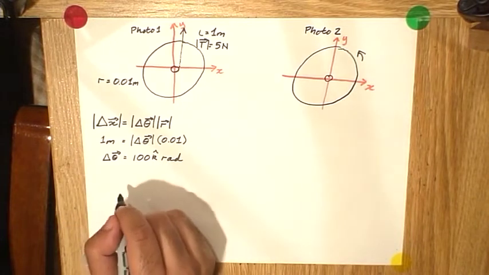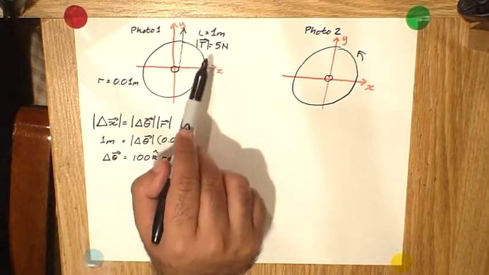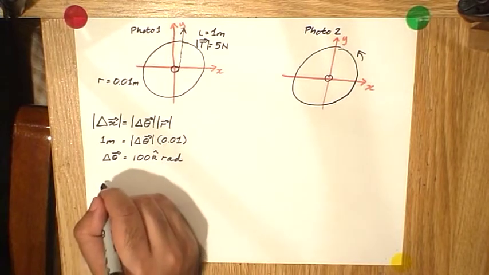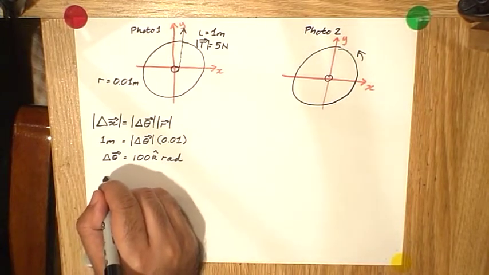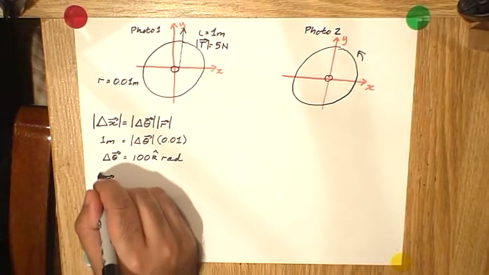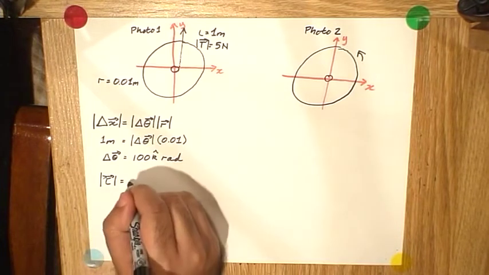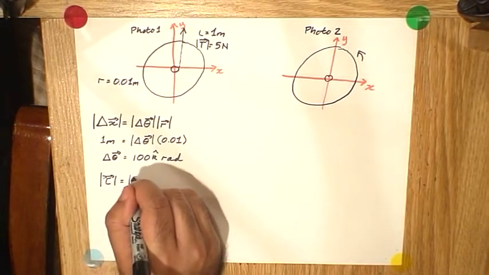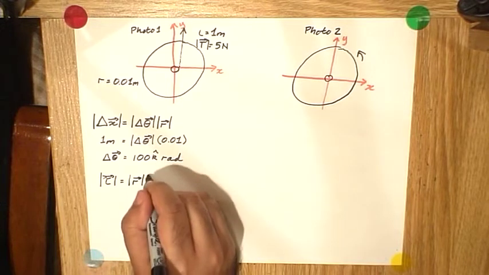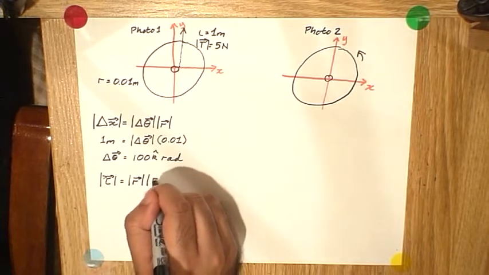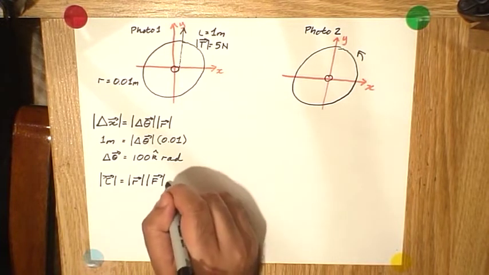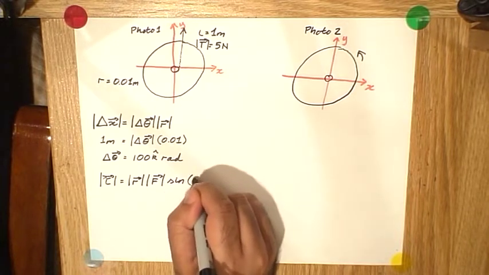Now the second piece of information is, what is the torque that this tension is exerting? We know that the size of torque is given by the lever arm times the size of the force times the sine of the angle between them.